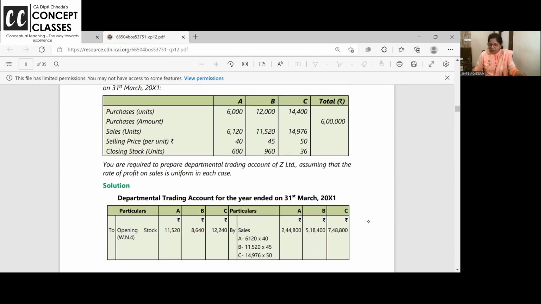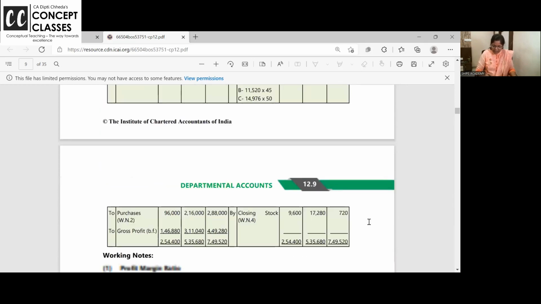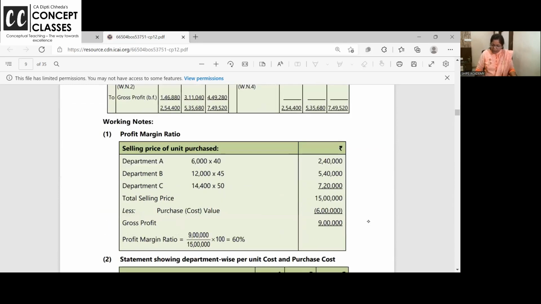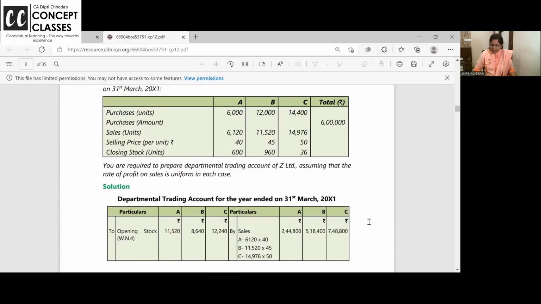Whatever you are buying, you are actually selling 6,120 units, because some is closing and some is opening. You are actually selling 6,120, but whatever you are buying, just sell it. 6,000 units into 40, 12,000 into 45, just as a working note. So whatever you buy, you are selling in this, and the total purchase cost is given.